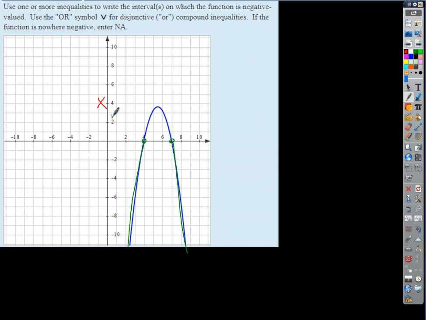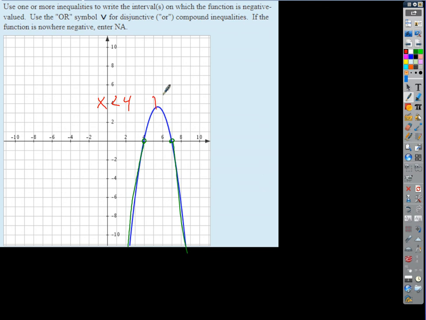What do you think? Caitlin, how would I describe the x values for that part of the graph? X is less than 4. Yeah, good, right? When x is less than 4, the ant is to the left of 4 and is below the x-axis, right? So x is less than 4.